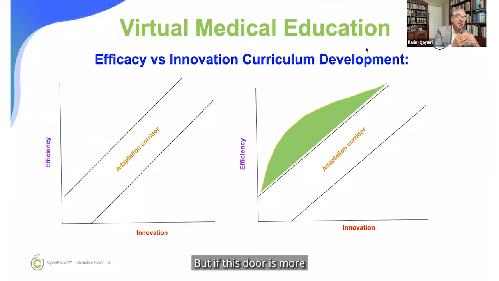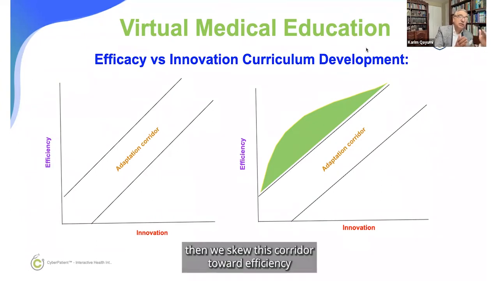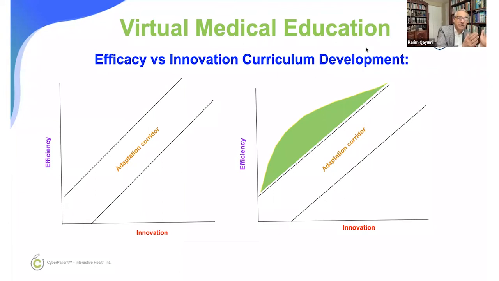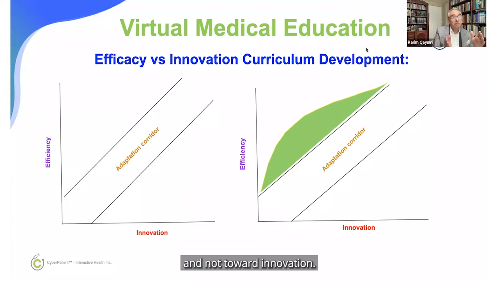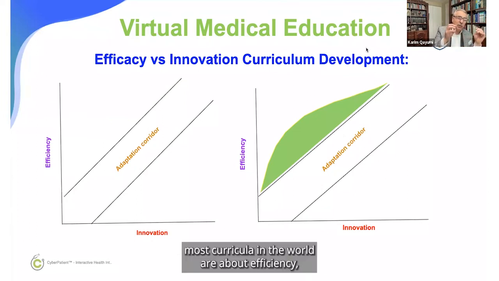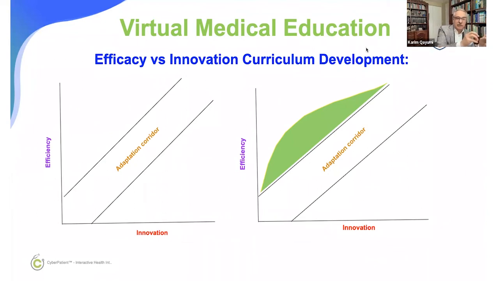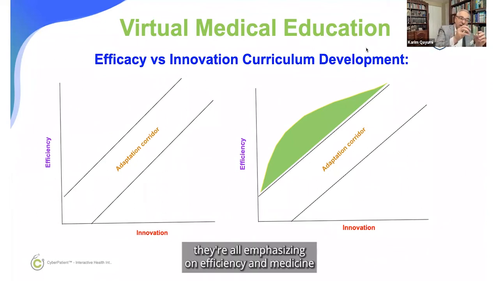But if there is more emphasis on efficiency, then we skew this corridor toward efficiency and not toward innovation. And in fact, most curricula in the world are about efficiency. They're all emphasizing efficiency.